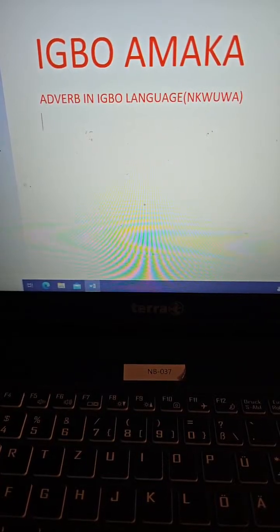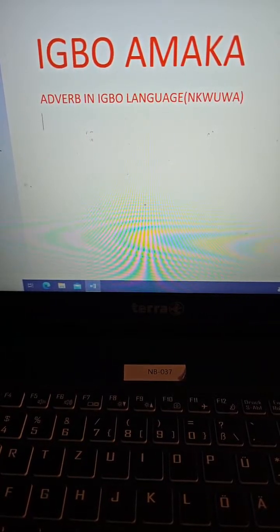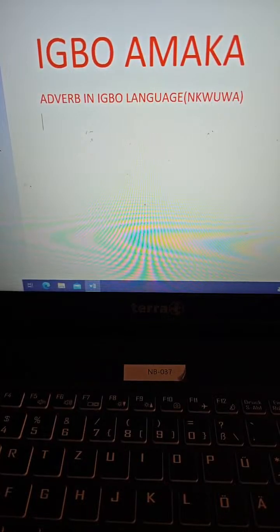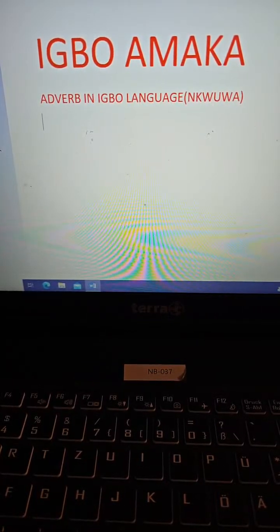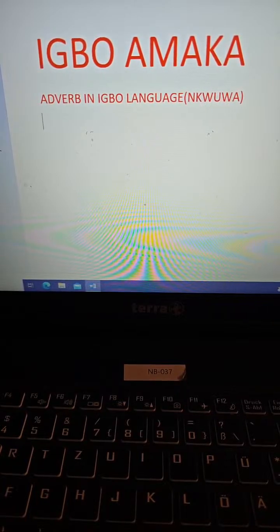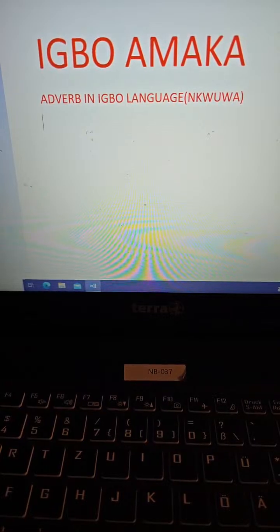So today we are going to treat adverb in Igbo language. And what is adverb in Igbo language? Adverb in Igbo language simply means Nkwuwa. And what does it do in a sentence? Ọ na-enye aka na-akọwa otu ihe siri dịrị ma ọ bụ otu ihe si mee.